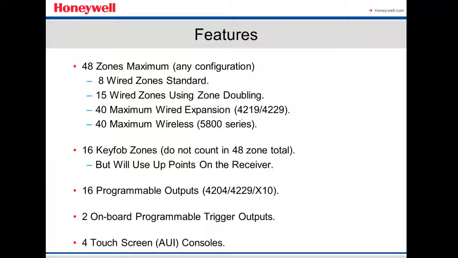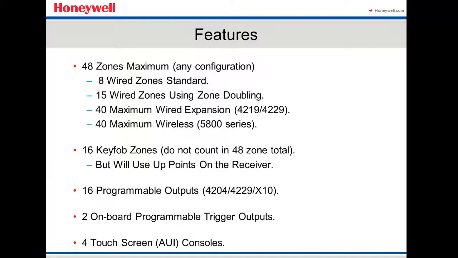Also, this panel has a dedicated extra 16 zones, which are used for the key fobs and are not included in the 48 zones, but they will use points on the receiver just in case. Each key fob uses up to 4 zones.